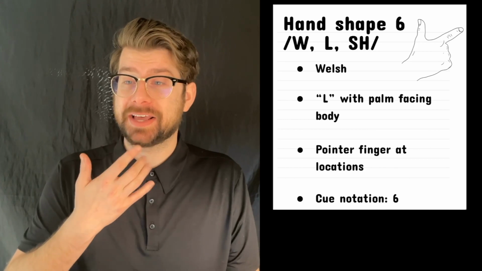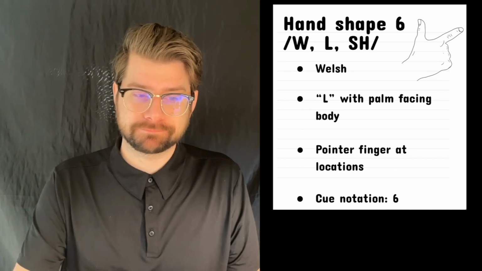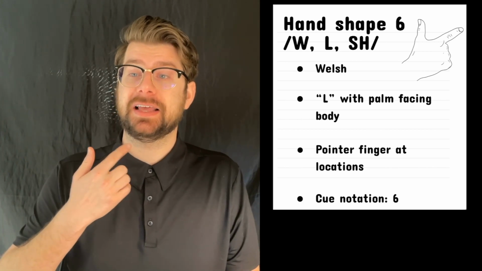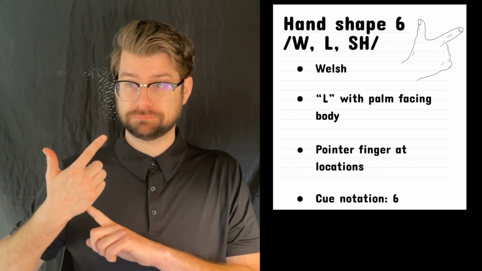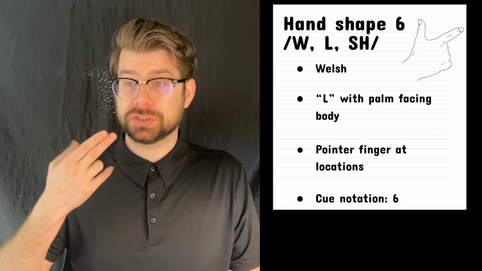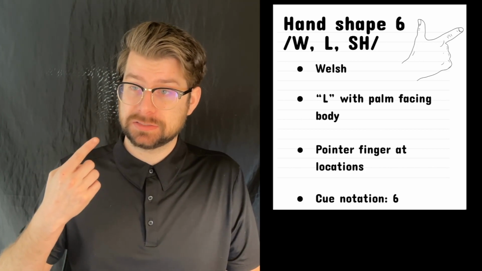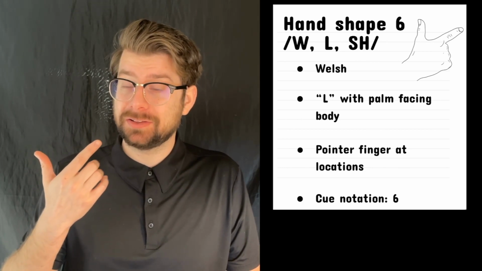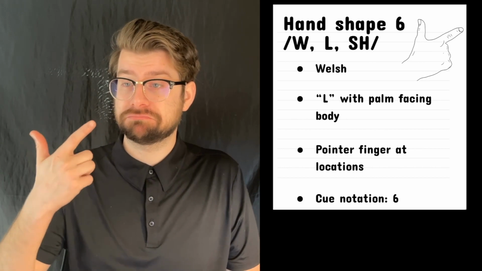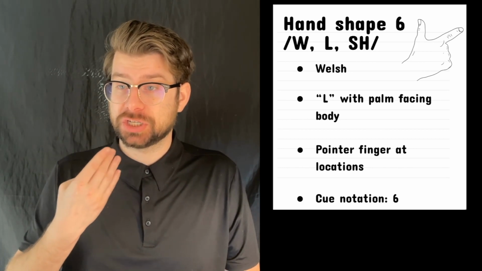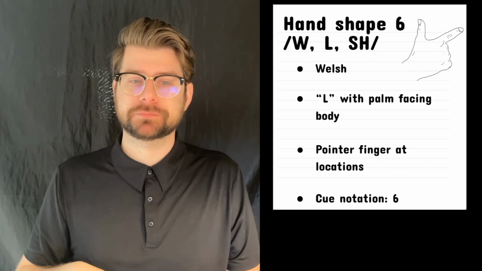And now for handshape 6. We have this handshape with 3 fingers tucked behind, and it looks like an L in ASL with the palm orientation flipped around.